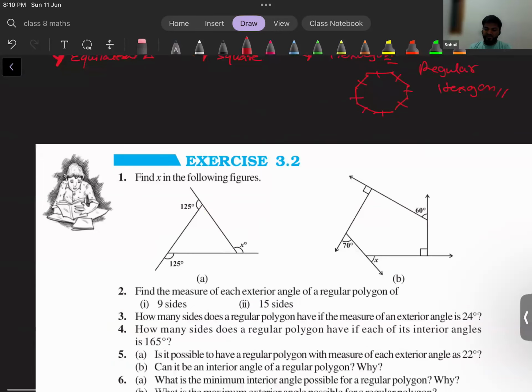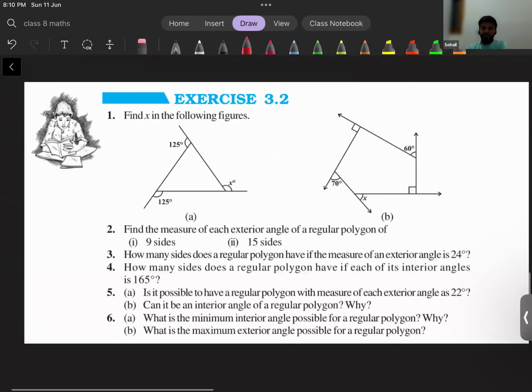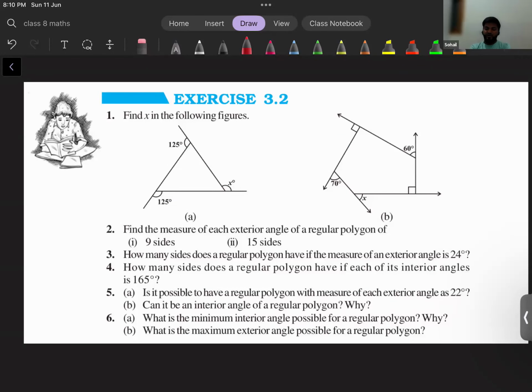Now see this next exercise. Solve the first question and write your answer in the chat box. We have got 20 minutes left and we will try to cover this today.